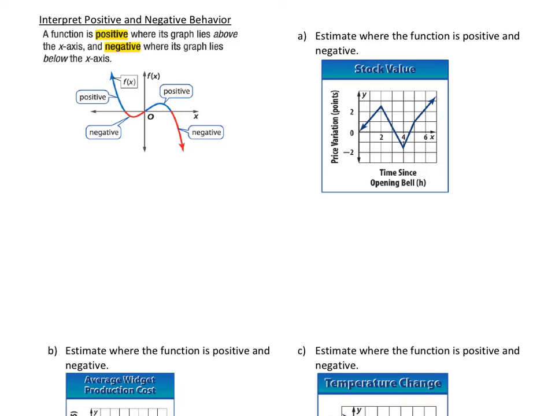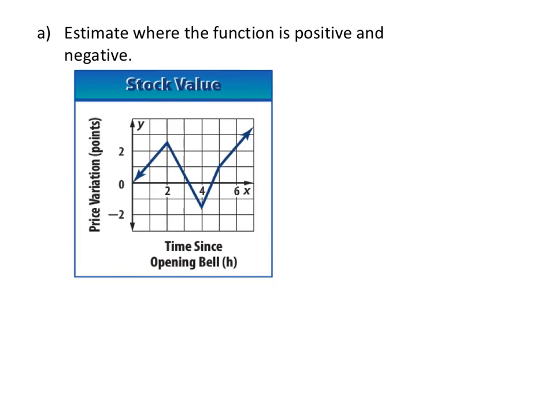So for letter A, estimate where the function is positive and negative. Okay, so we are looking at that x-axis, and I'm going to go ahead and highlight the x-axis as best as I can. There's our x-axis. Everything above the x-axis is positive, and everything below the x-axis is negative.